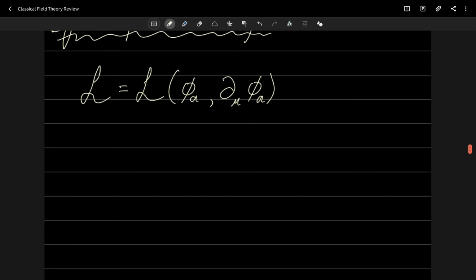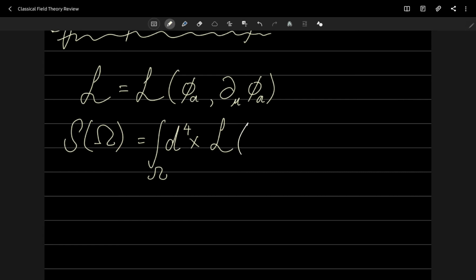And we do that based on an observation, that is the action as a function of some omega is equal to the integral over this omega space d4x of the Lagrangian of phi a and the gradient of your field.